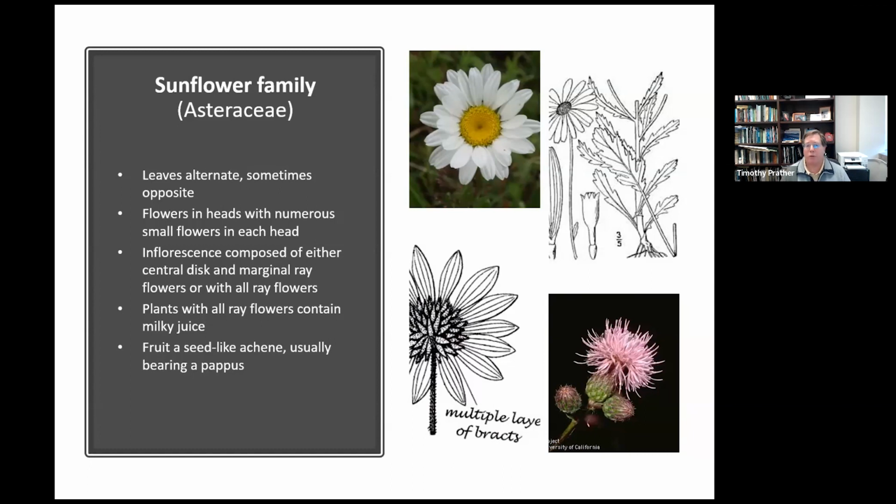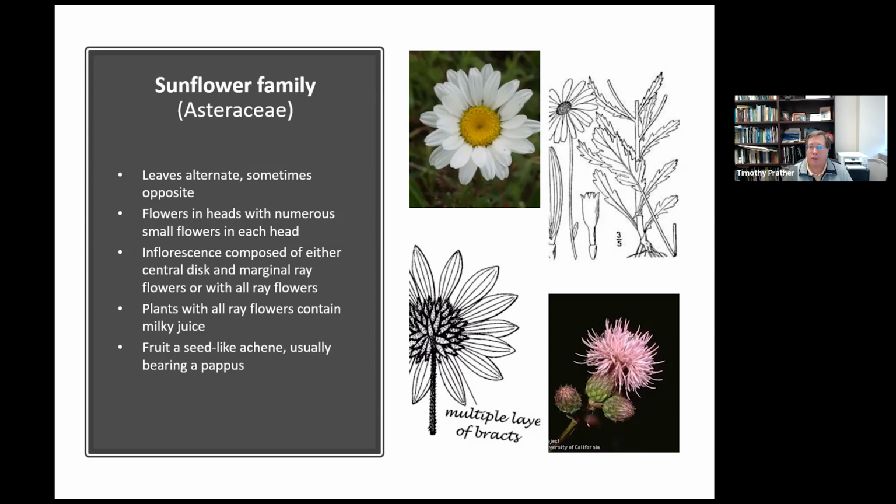And this is one of the things that's really interesting about the sunflower family, because when we take a look at that oxeye daisy right there at the top, the white and the yellow one, we would call that an oxeye daisy flower, but in reality, that's actually a lot of different flowers, all combined into what's called a head.